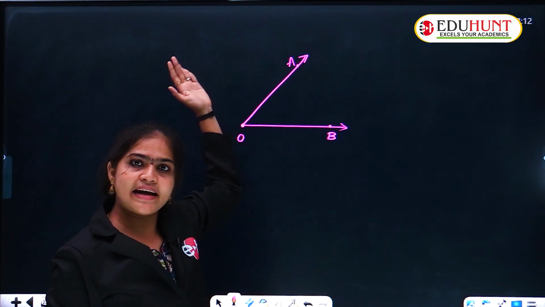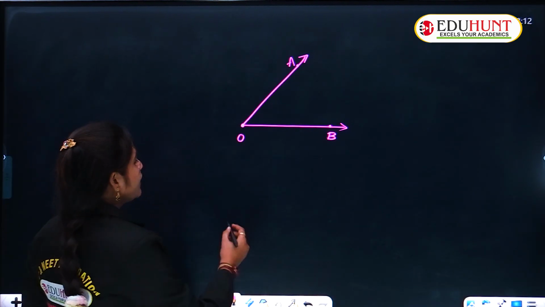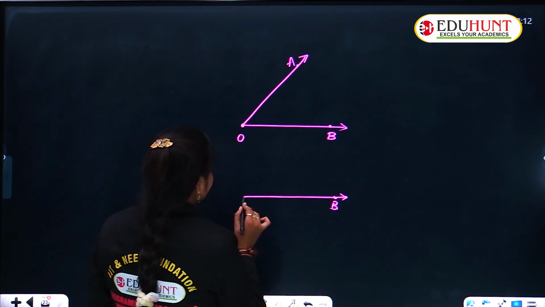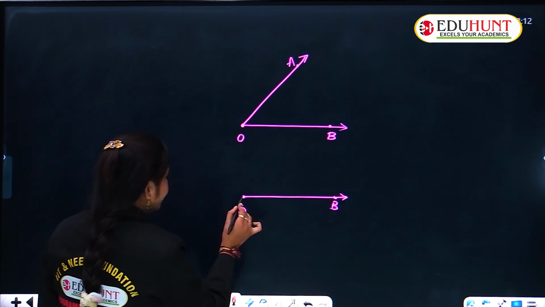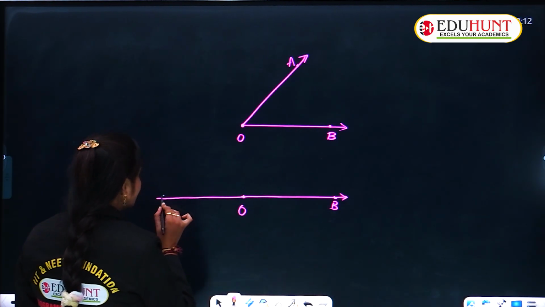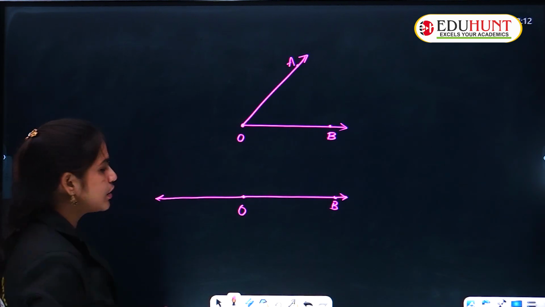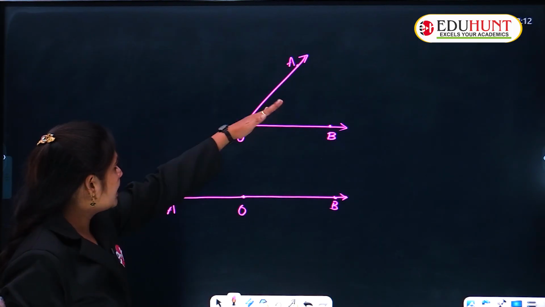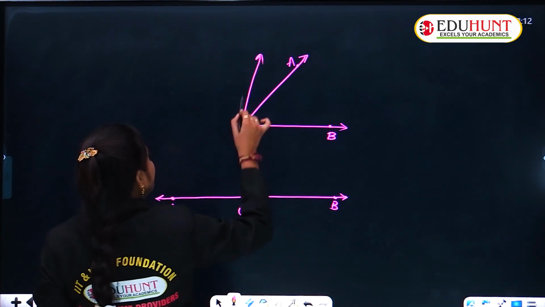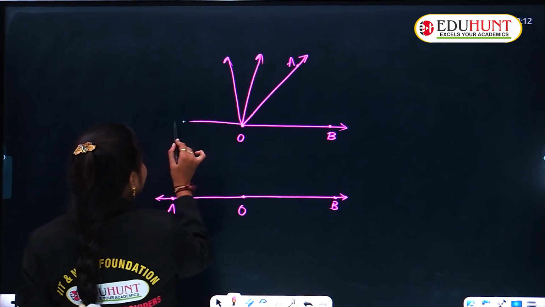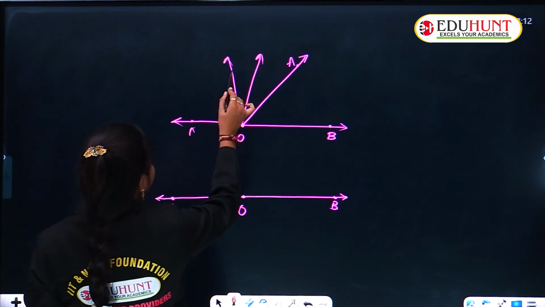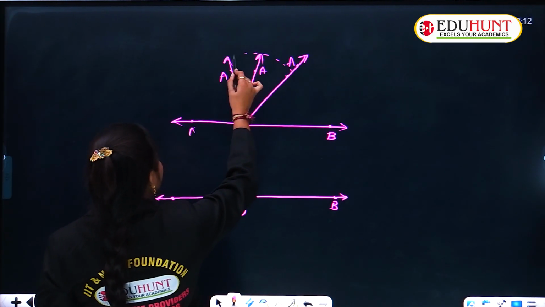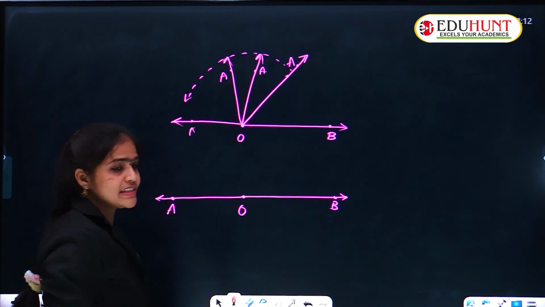The terminal ray moves in anti-clockwise direction and comes opposite to OB. Then here this is OA. The terminal ray moves like this and comes up to here, then it forms OA, in this anti-clockwise direction.